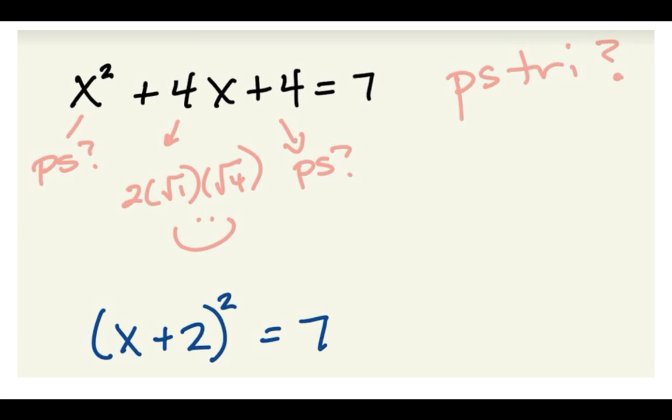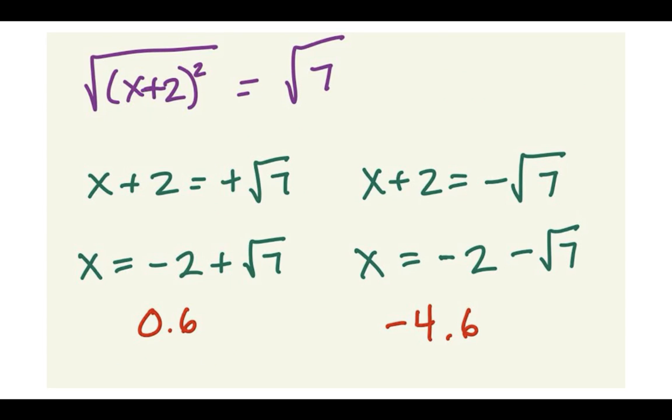Again, the same process. Is this a perfect square trinomial? Yes, it runs through the test and it works. So I will factor first. So I end with x plus 2 squared equals 7. Again, using the square root property, I take the square root of the left and the right hand side of the equal sign.